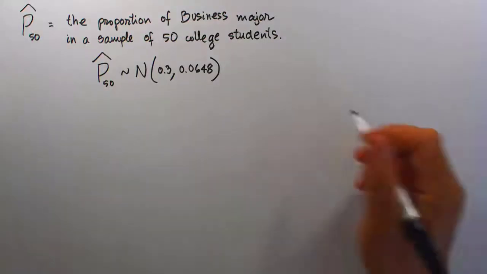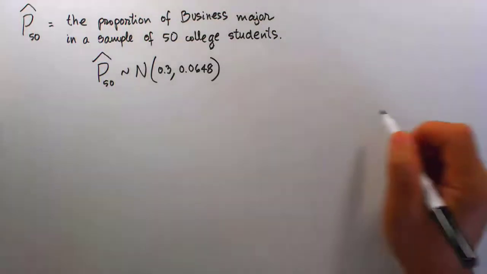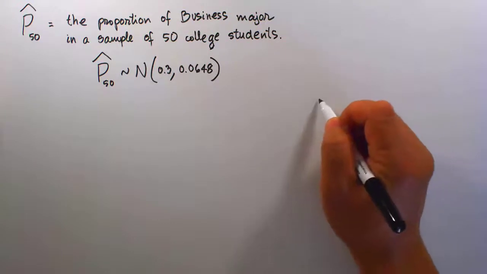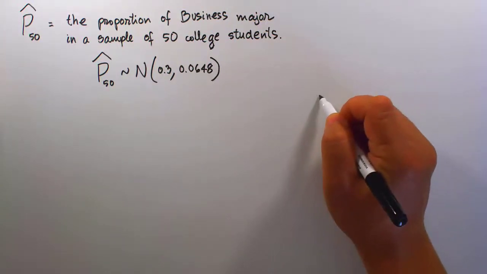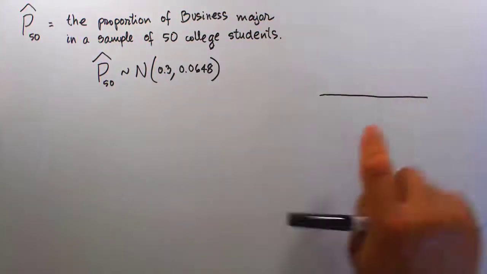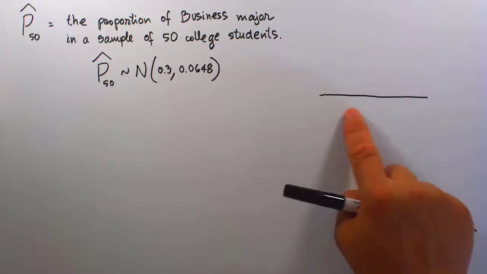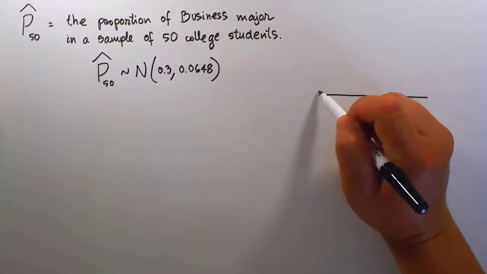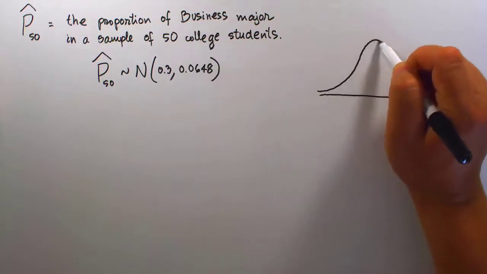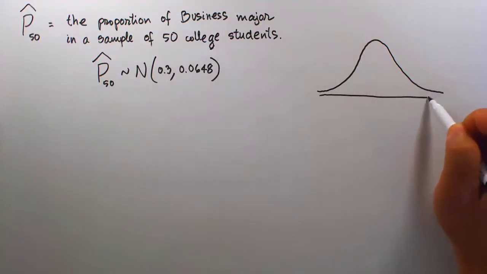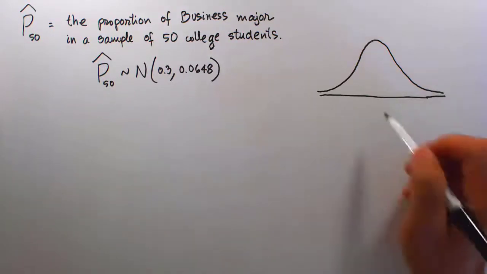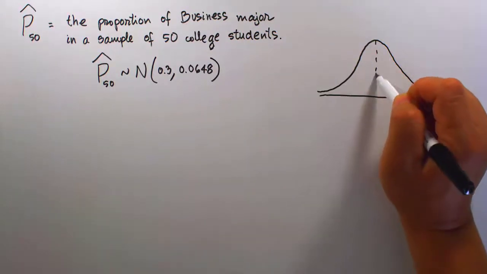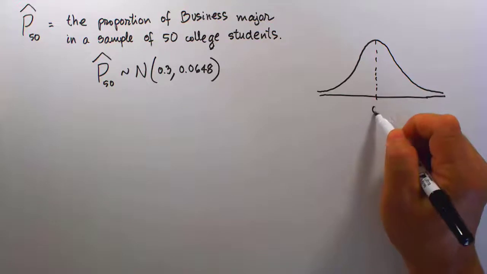Then we can officially think about all sample proportion values being placed on a horizontal line like this, where the distribution shape is a bell curve over it, and the center of this bell curve is at 0.3.